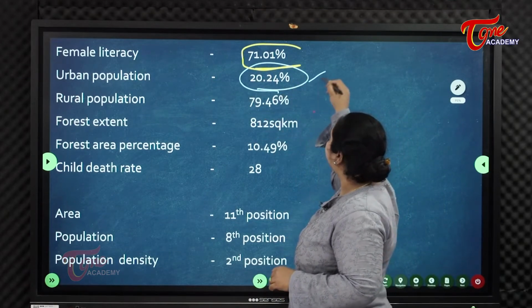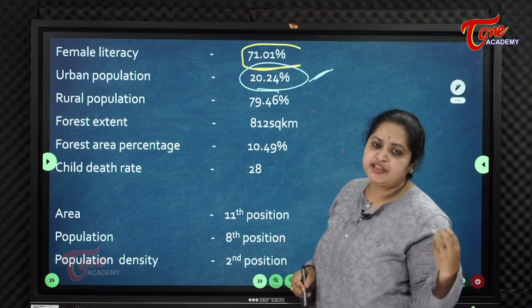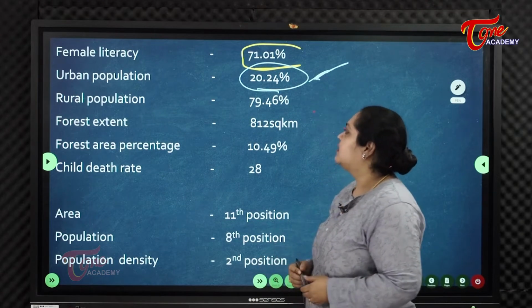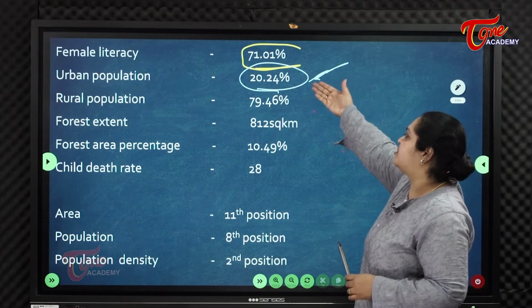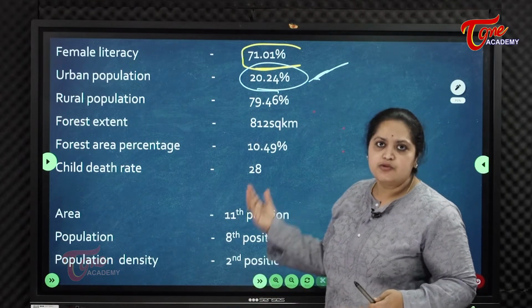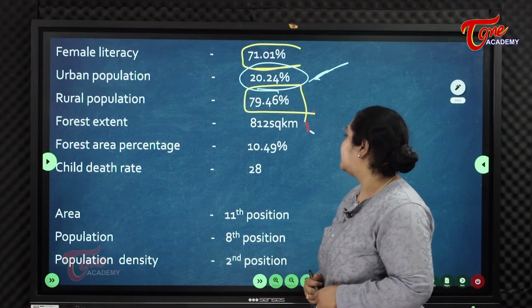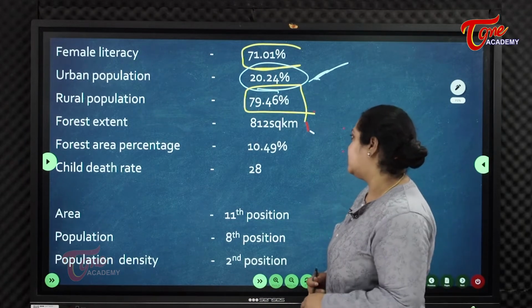Only 20.24% people live in urban areas. So coming to rural population, obviously if the urban population is 20.24%, the remaining is rural population, that is 79.46% of people live in rural areas.